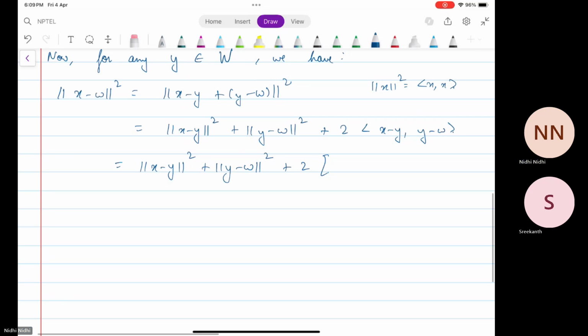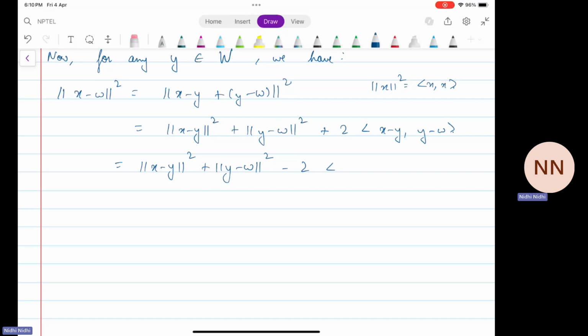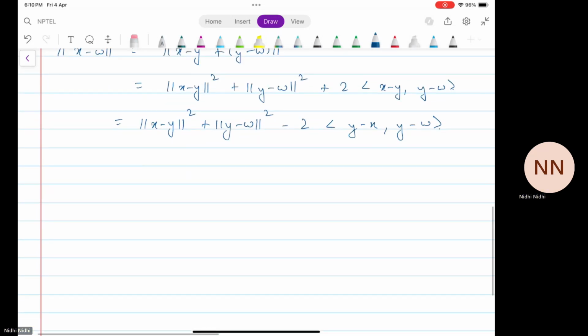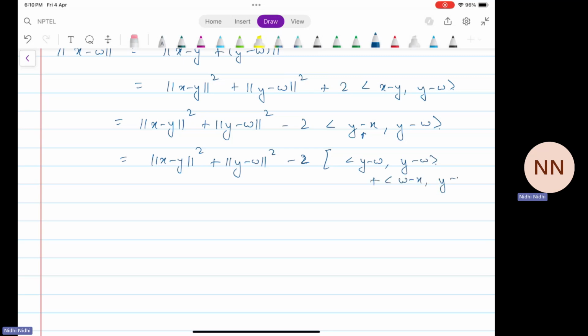I want to make it something related to norm y minus w. Let's see how. I can take the minus outside, so we'll get the inner product of y minus x with y minus w. It's just the basic properties of the inner product. Now I can add and subtract w over here, so I'll get y minus w plus w minus x, y minus w.